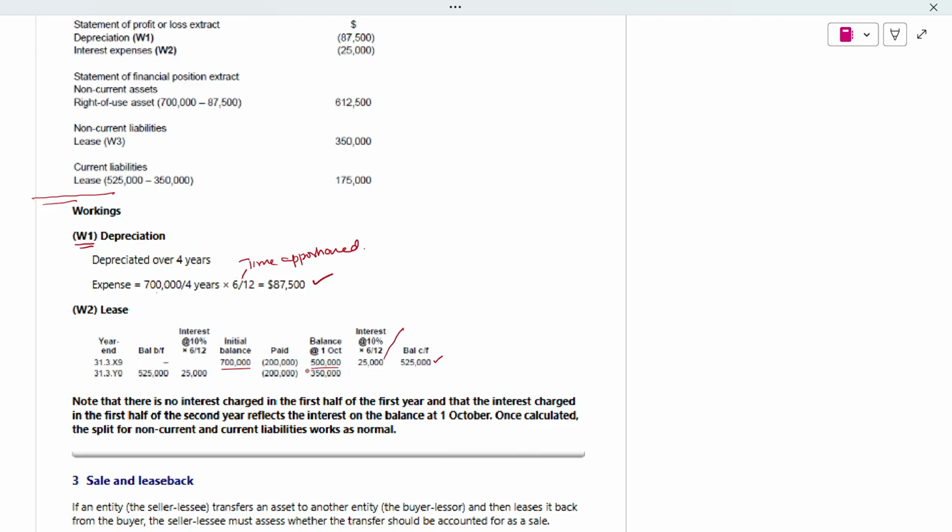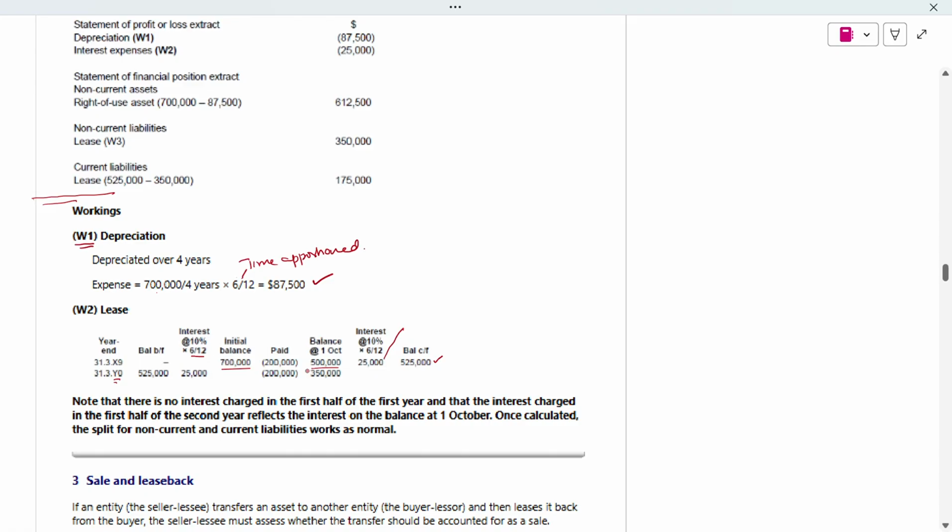Then 525 again, because they are asking for 31st March 2010. 525, 10 by 12, 10 by 100, again they have taken it for 6 by 12.